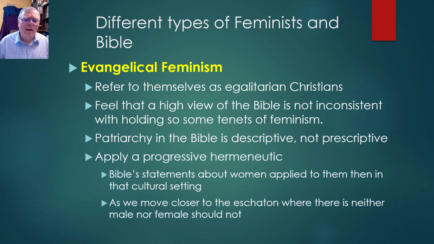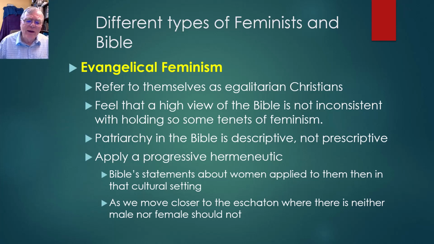Now, to accomplish this, a progressive hermeneutic is applied. And the progressive hermeneutic works this way. The Bible's statements about women applied to them then in that cultural setting. But because our cultural setting has changed, then certain of the directives in the Bible about women that were true then would not be true today.